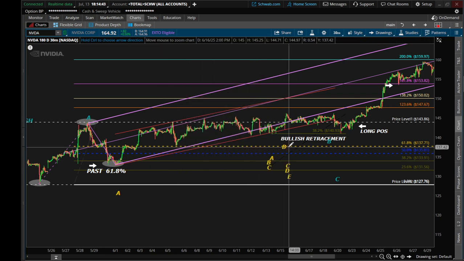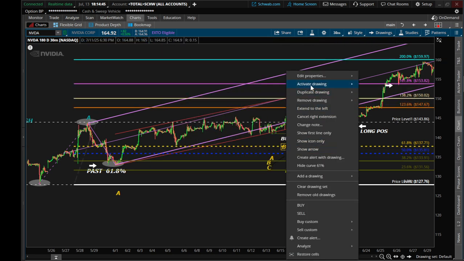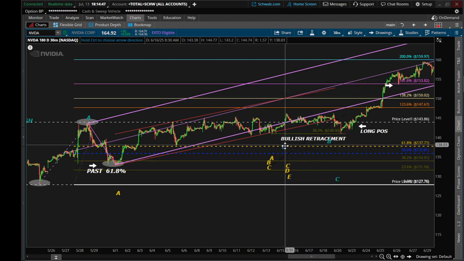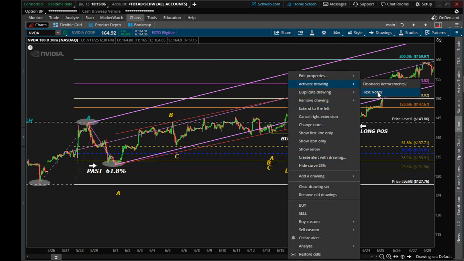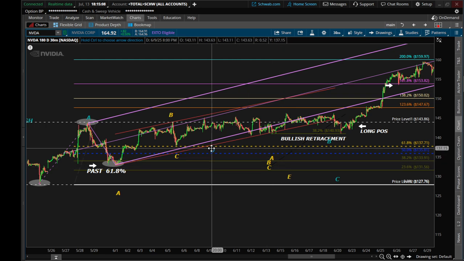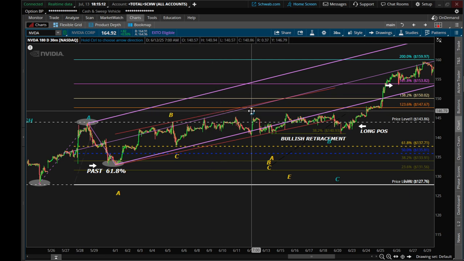1, 2, 3 for this B here. And then it's this little smaller three waves here, but that's your C. And then D could be here or here.